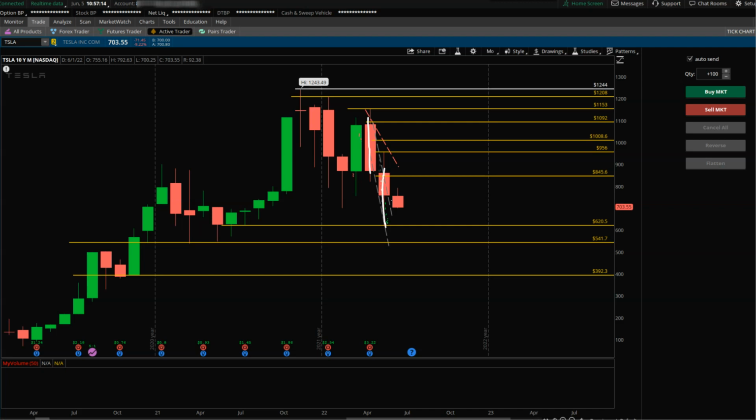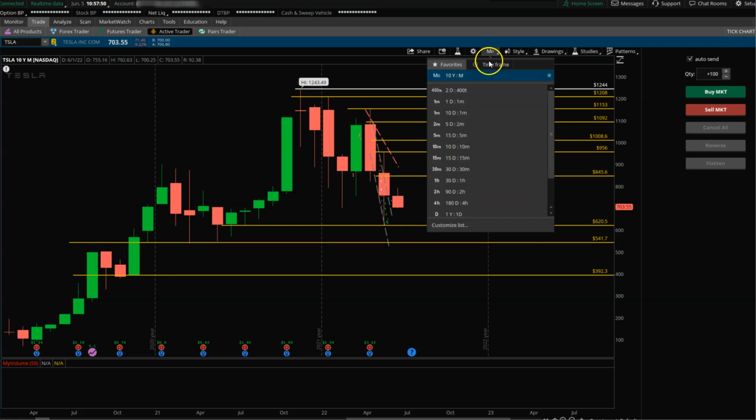Now this monthly bar started right here below the body of the previous monthly bar, tried to get back up, couldn't do it, and now we're starting with this move towards the downside, closing toward the weaker side of the previous bar. The structure lows on a monthly level are 620 and 542 if you want to round it up. Those are the 2 targets on the downside if it keeps going the way it looks like it wants to go.